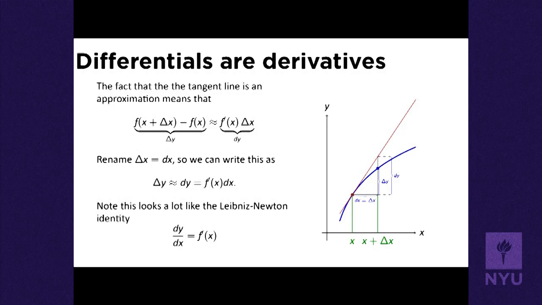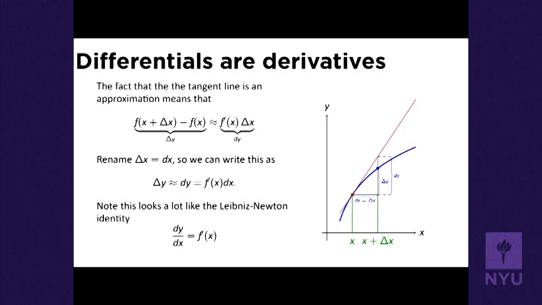That one is easier to compute because all I need to do is take the slope at this point times the run. All right, so delta y is approximately dy, and dy is by definition f prime of x times dx. We write it like this. Delta y is approximately dy. dy is equal to f prime of x times dx.